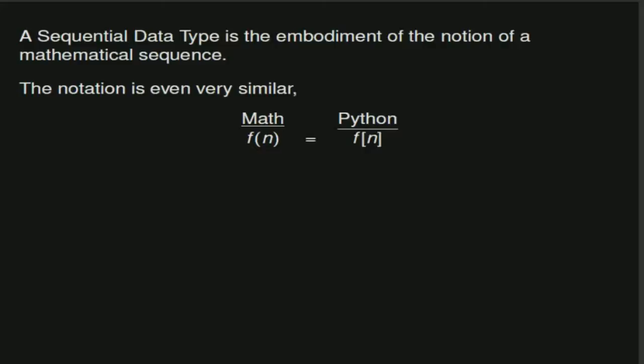In Python, instead of using the open parentheses, we're going to use square brackets. Same exact idea: f being the name of the sequence, the name of the object we're dealing with, and n being the domain value, the input value, the index value of a particular element in that sequence.